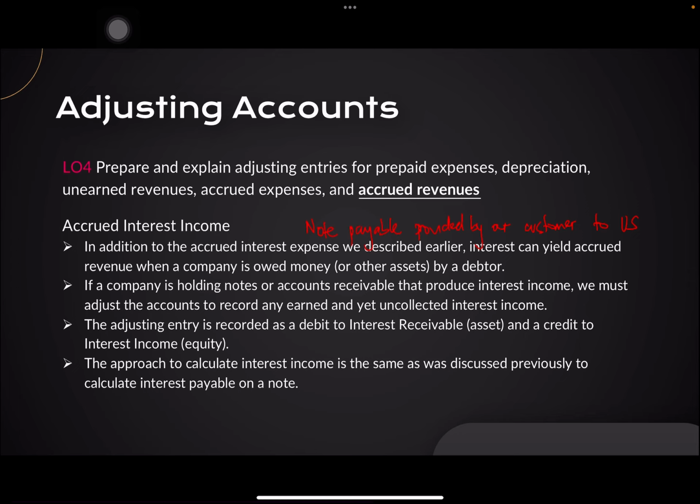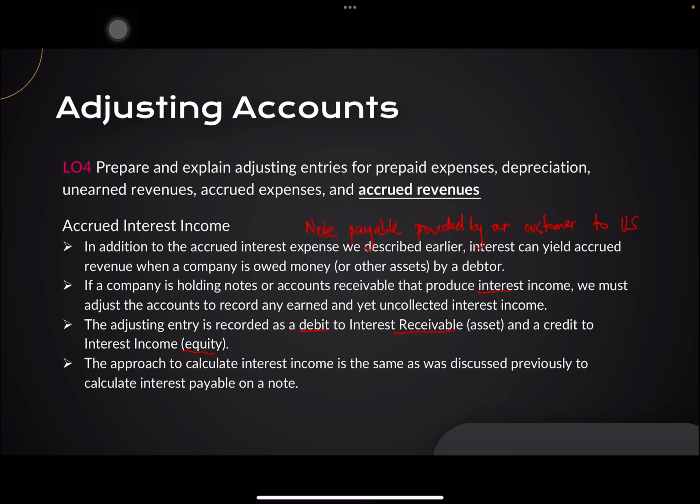So if a company is holding notes or accounts payable that produce interest, we must adjust accounts to record any earned and yet uncollected interest income. The adjusting entry is recorded as a debit to the interest receivable, which is an asset, and credit to interest income, which is an equity.